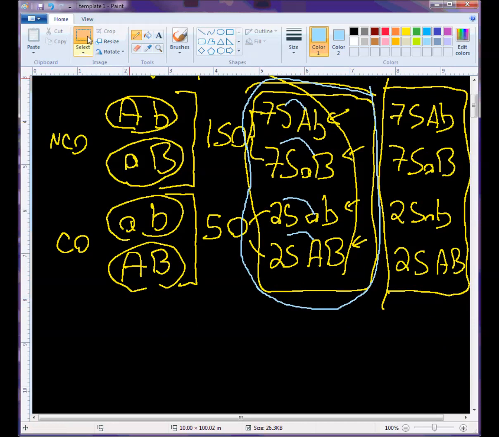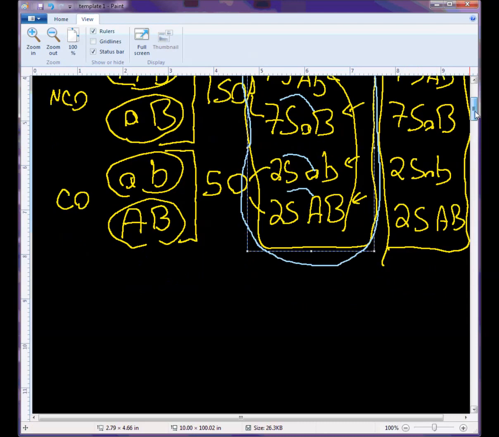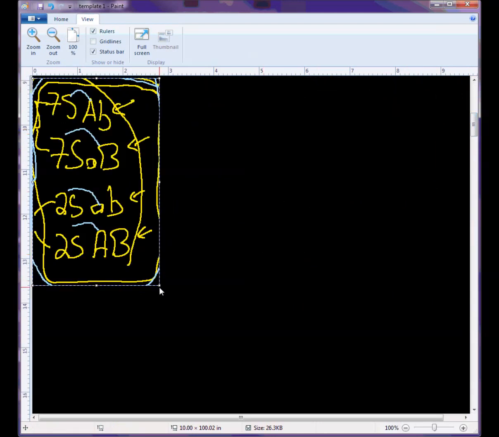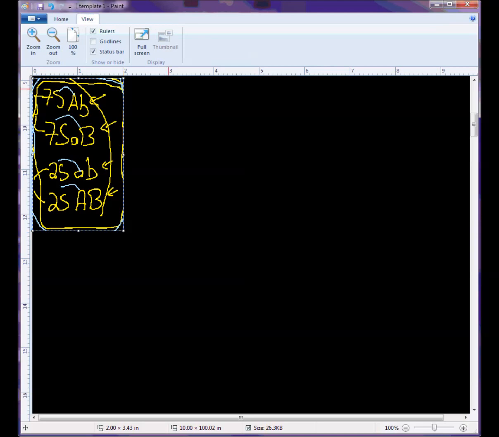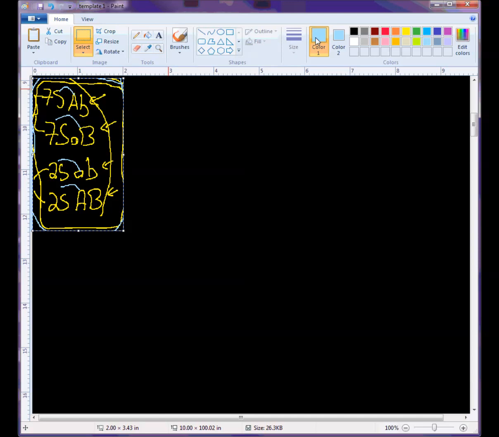So I want to copy this, and then paste it down here, and shrink it. And I want to switch back to my yellow pencil here.